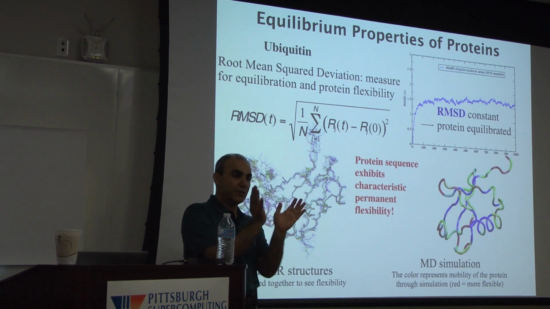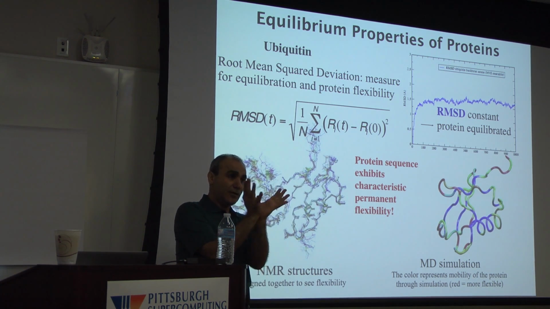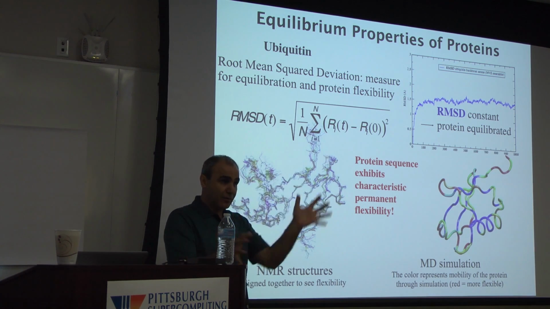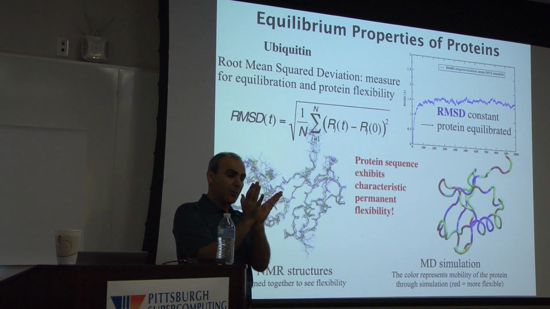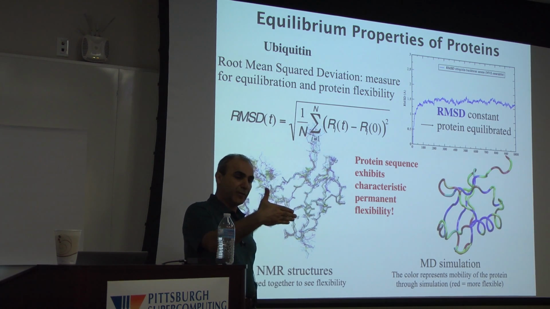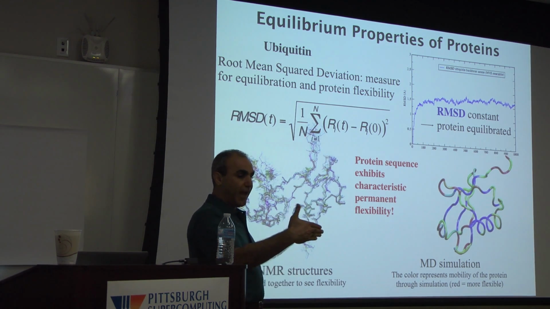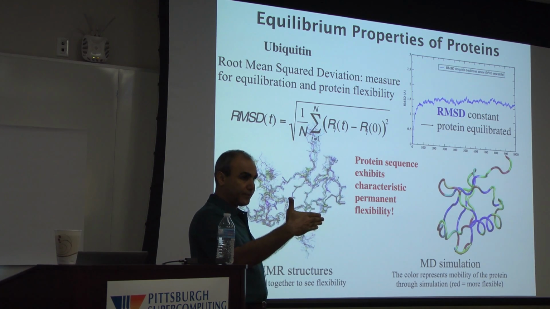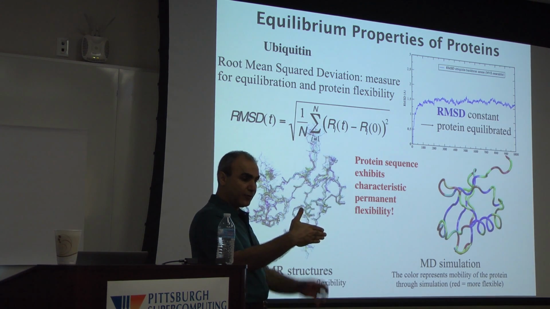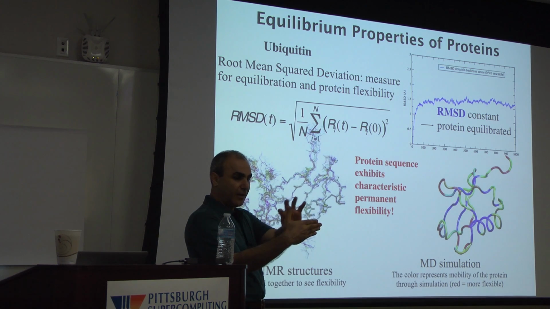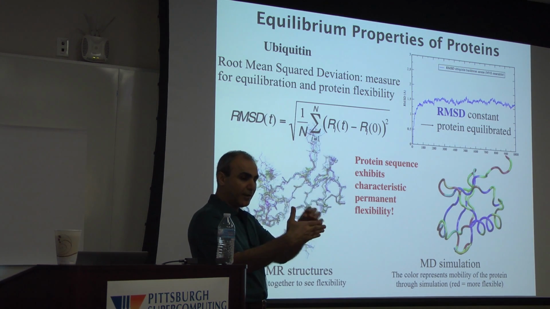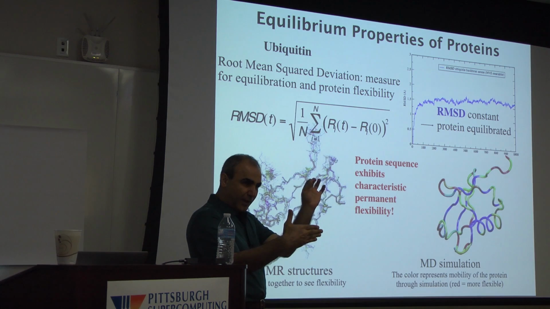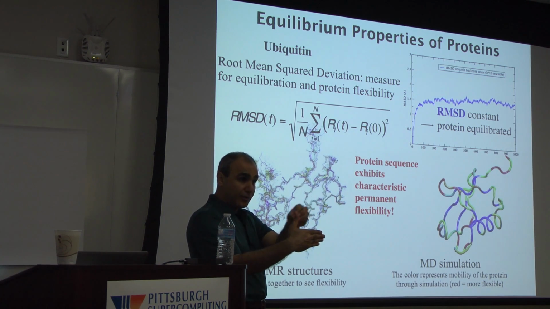If I superimpose these two, I see the global change averaged over the entire protein structure. But maybe a better example is that I have a flap that closes and opens. Most of the protein is not going anywhere, but this flap is moving. By just superimposing the whole thing and looking at the average RMSD over the entire thing, that doesn't quite give me how much this part is moving.